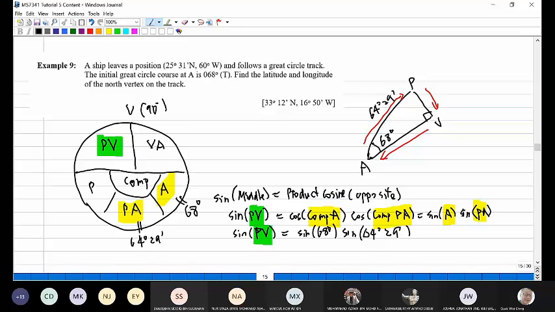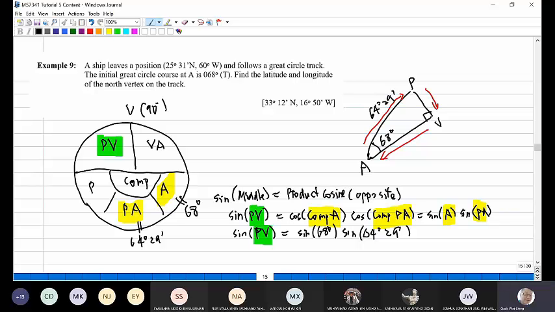So you'll get, let's see, calculate here.